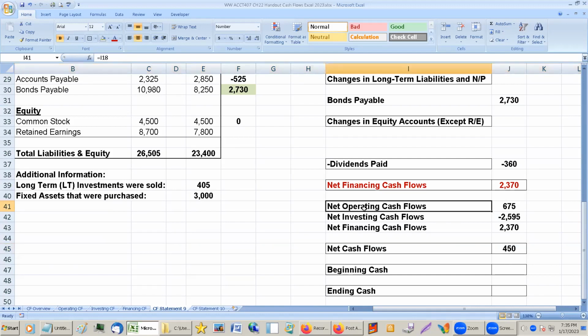So all three of these together will be our net cash flows.